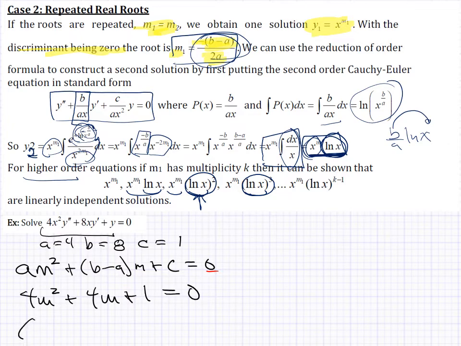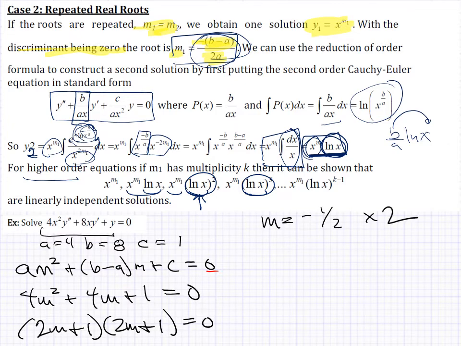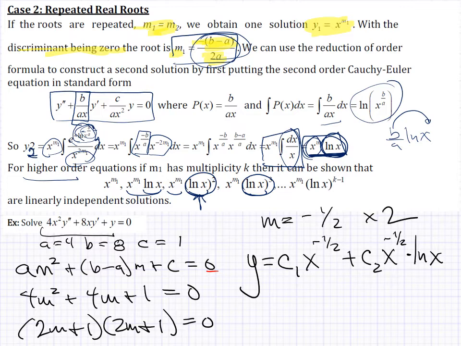This would factor as (2m plus 1) times (2m plus 1) equals 0. So then we get m to be negative 1/2, but it's repeated twice. So since it's a repeated solution, the general solution should be c1 x to the minus 1/2 plus c2 x to the minus 1/2 times log x. So every time it's repeated, log x.